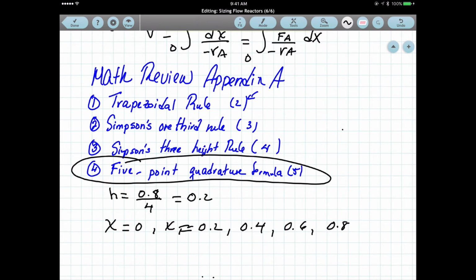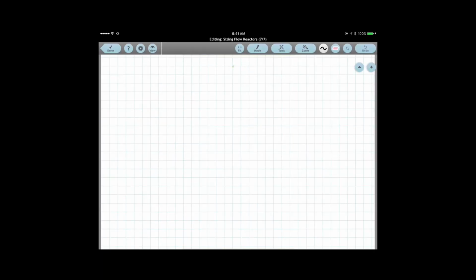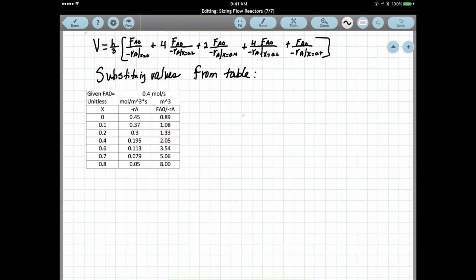The y values will be used in this numerical method. Now we can substitute the numbers from the data set into the 5-point quadrature formula. We get this expression, which comes from the definition of the method that we selected.